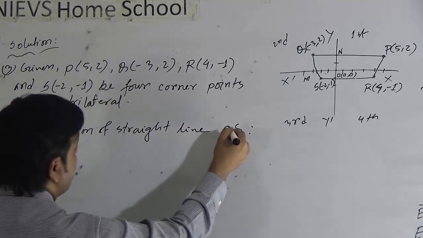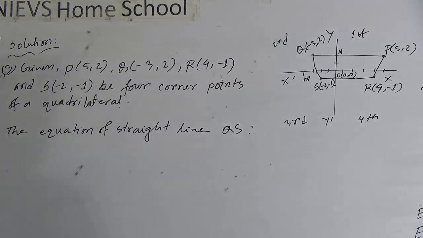We can determine using the formula that I have used in the first part, that is (y minus y1) by (x minus x1) is equal to (y1 minus y2) by (x1 minus x2).